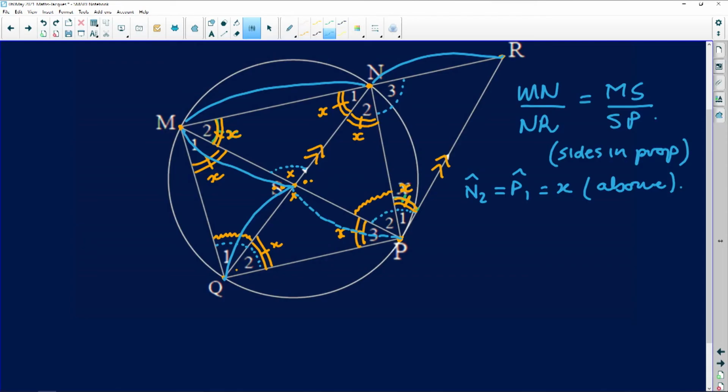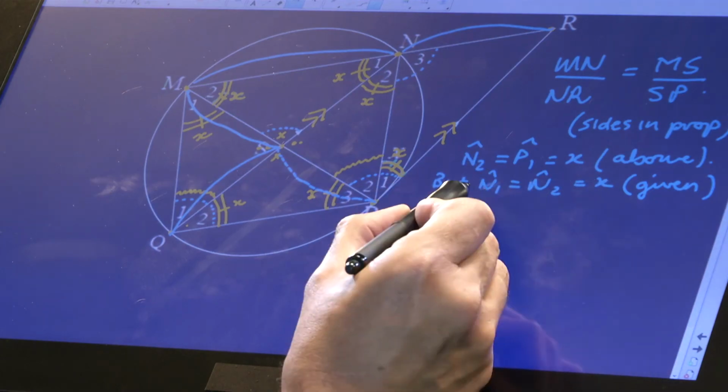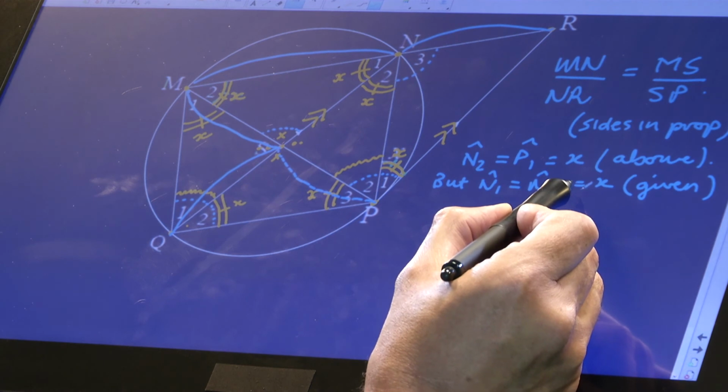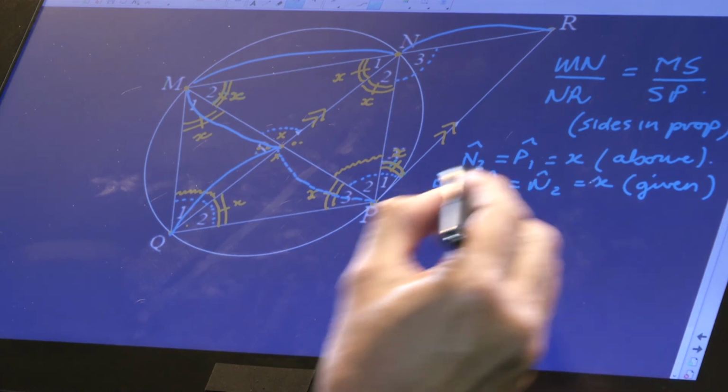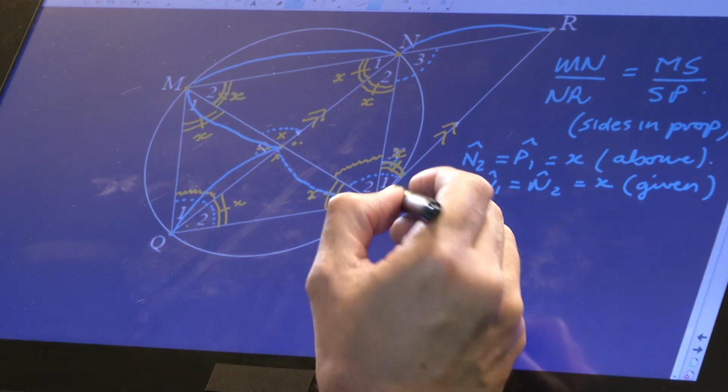So we're going to say, but here at this point, N1 equals N2, which is equal to x. And that was just given to us right from the beginning. We're putting it equal to x because N2 comes into this picture as well. Okay, so that's our second step.